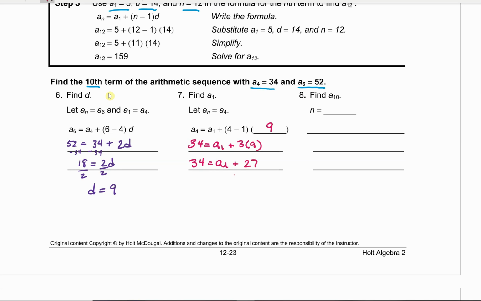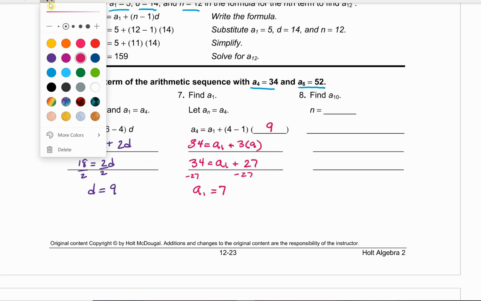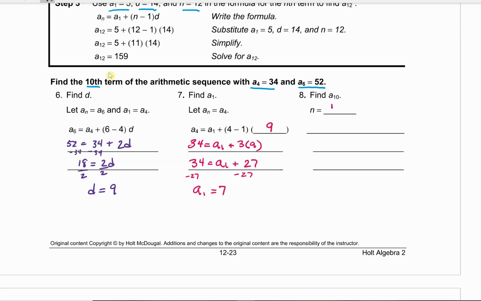So I'm going to subtract. I get 34 minus 27 is 7. So a1 equals 7. So now that I know both of those, I go back here and I'm going to find n. This time n is 10 because I'm looking for the 10th term, so I'm going to say a10 equals a1 plus 10 minus 1 times d.